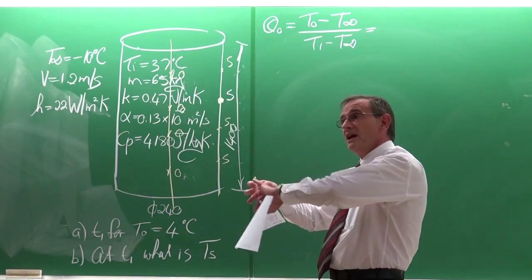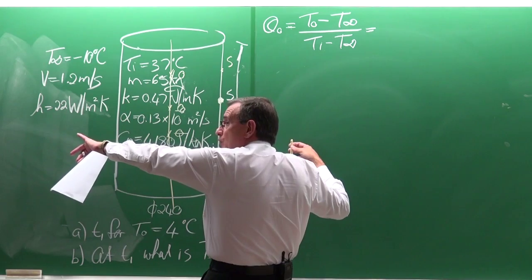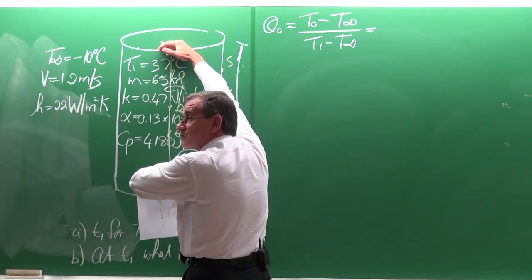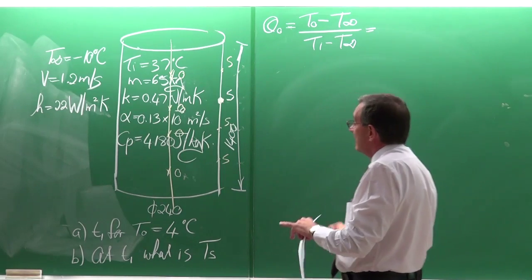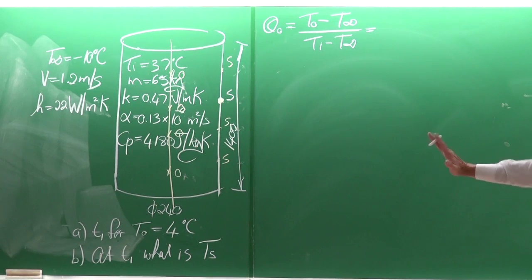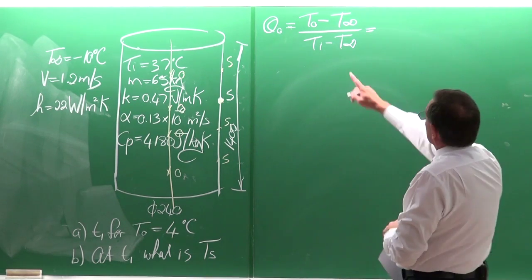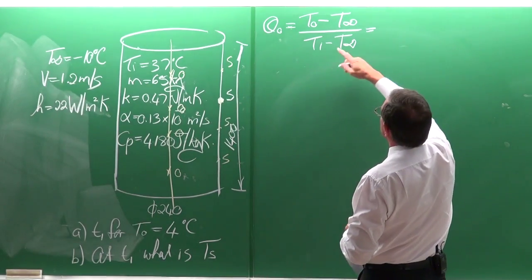Remember, we make the assumption it is one-dimensional heat transfer, and the problem also told us we can neglect the heat transfer from there. It's a very important assumption that was made when we derived the equations and got to the solution. Right, so let's look at the center temperature of theta 0.